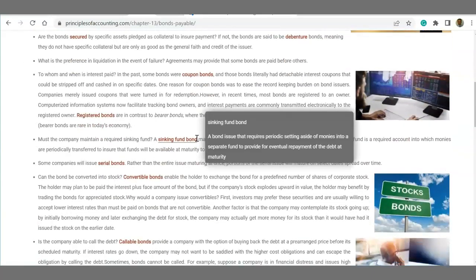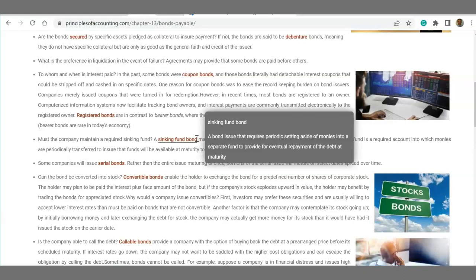A sinking fund bond is a bond issue that requires periodically setting aside money into a separate fund to provide for eventual repayment of the bond at maturity. And this is kind of common.